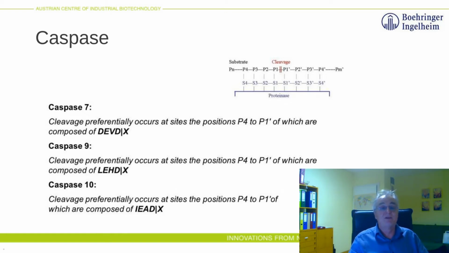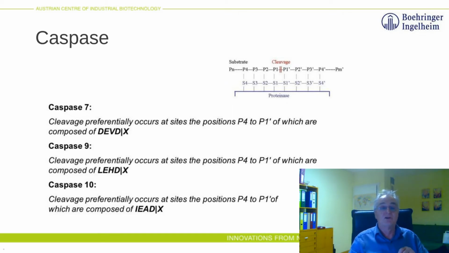Then there are a lot of caspases that have been used. So caspase 7, caspase 9, caspase 10. These are enzymes which are overexpressed or induced upon apoptosis. They are a little bit more useful for cleavage of fusion proteins.